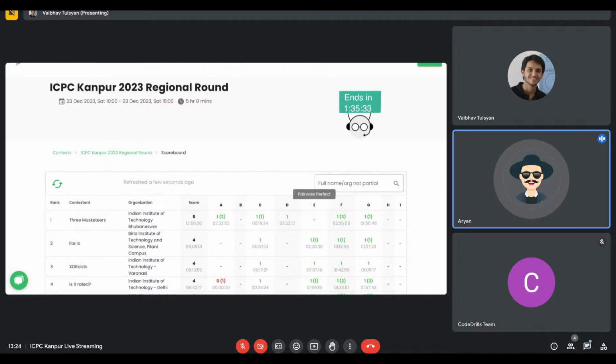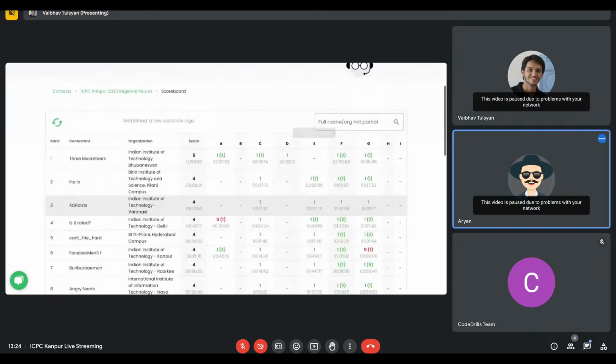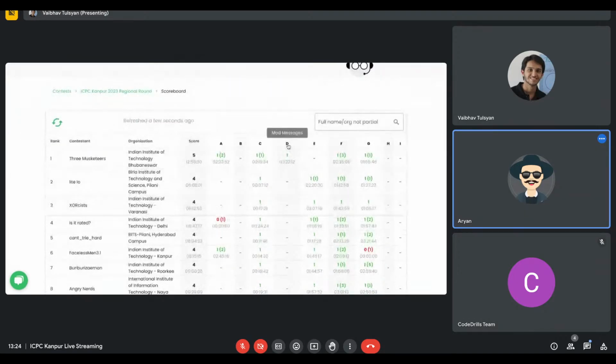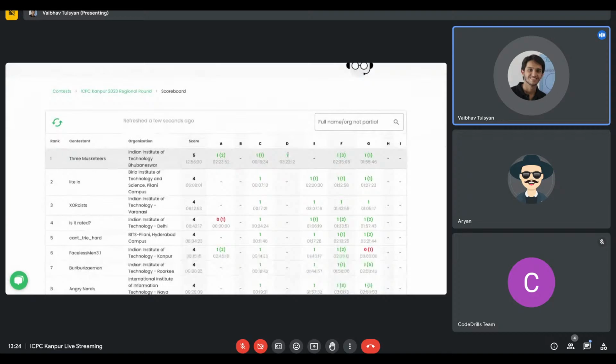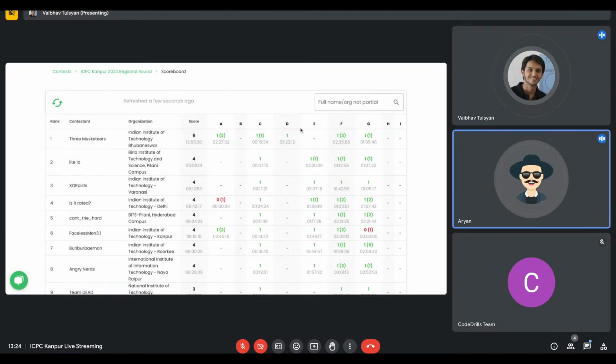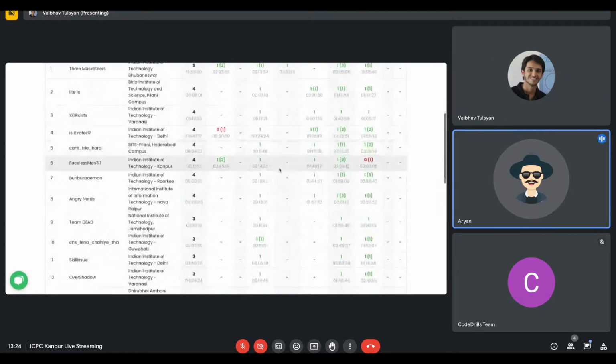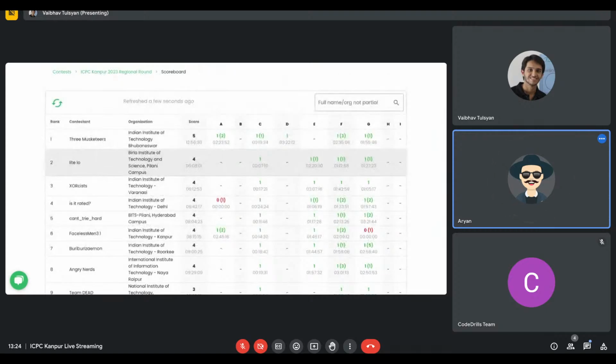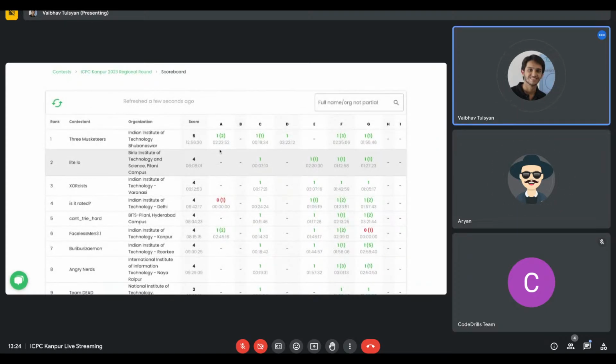They haven't submitted anything. It's good that they don't have any time penalties on mod messages, I think that will help them a lot. As with other teams, the only place where they are lagging is the total time because they are solving it slowly.